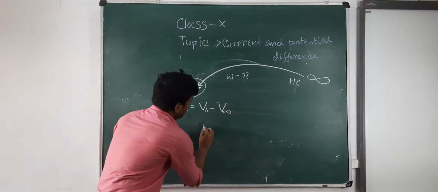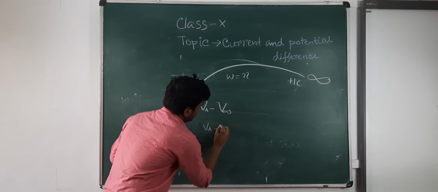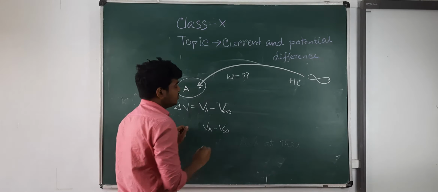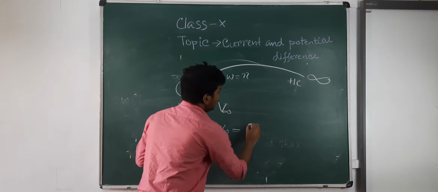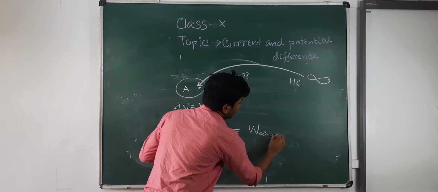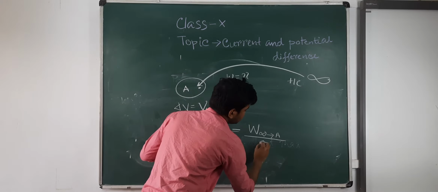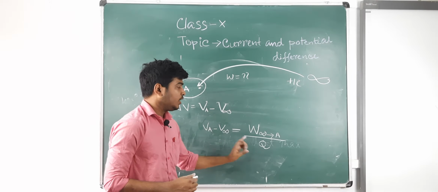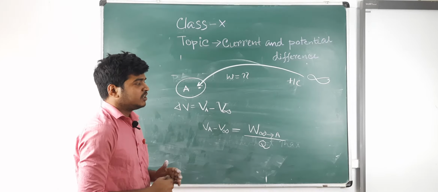So we can write VA minus V infinity equals the work done from infinity to A per unit charge.